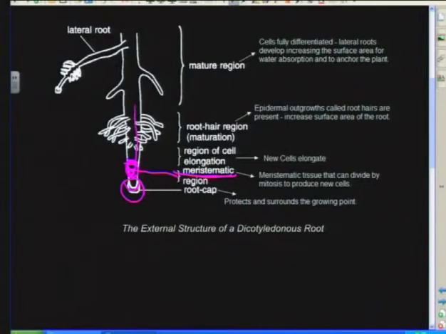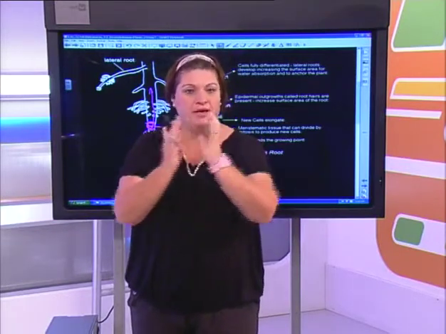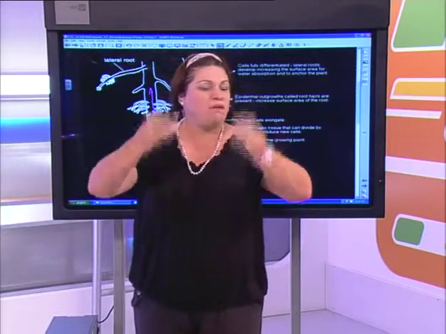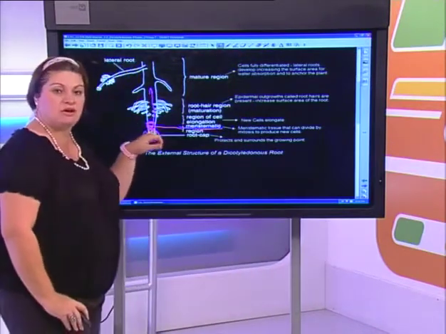These are ultimately going to become the ones that are going to differentiate into the different functions. So the calyptra, or the root cap, as it goes down, if that part gets damaged, the plant will just replace it. So what is most important is to protect these little new cells over here.